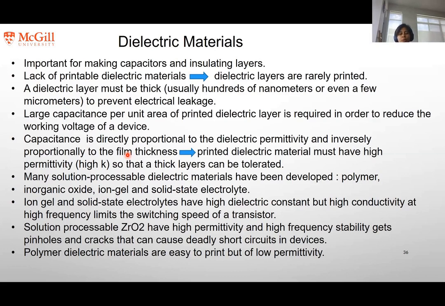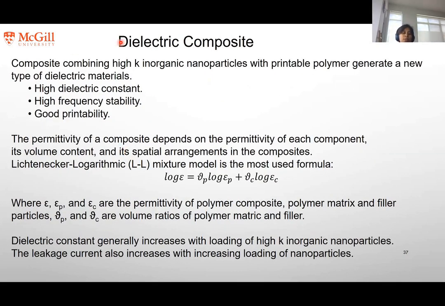So one very great thing to do is to use dielectric composite. You basically mix nanoparticles of high dielectric nanomaterials with a polymer, and you make a composite. So they normally have high dielectric constant. You can print them easily, and they also have high frequency stability. This equation basically defines what will be the final dielectric constant of the composite material, so you can mix things in proper proportion.